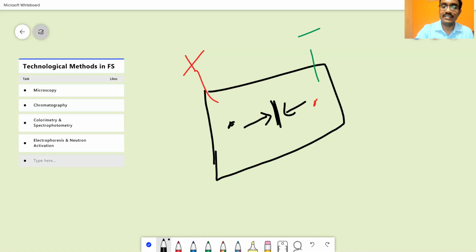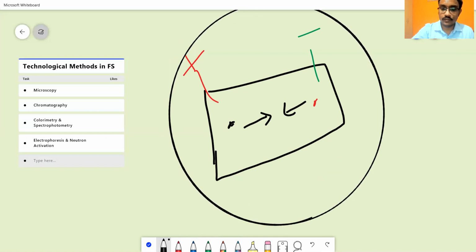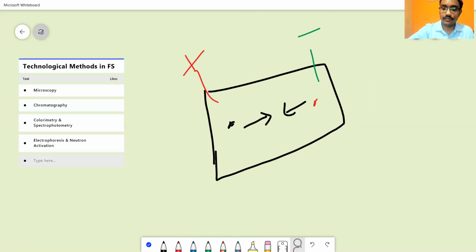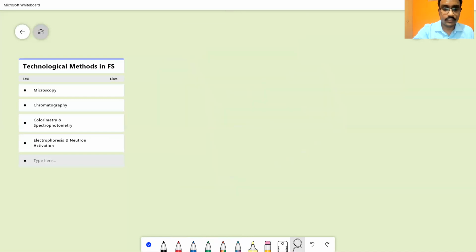You're going to get a band within minutes. So you can use electrophoresis to study antigens, to study antibodies, to study DNA bands, fragments of DNA, multiple polar things. So we'll study the different types of electrophoresis that we will be covering in our syllabus.